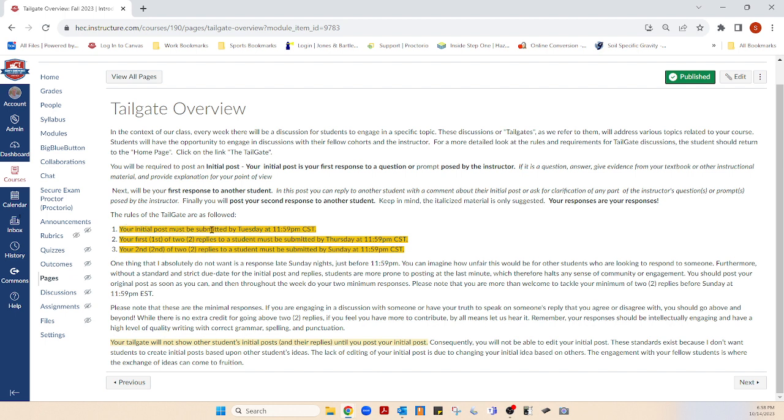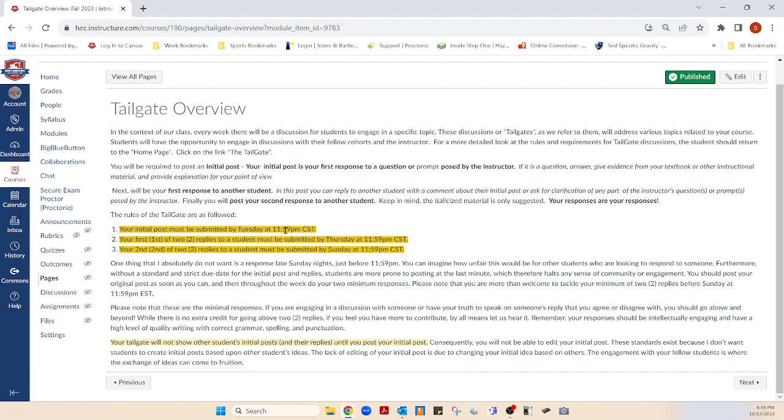Your scores are based on timeliness, like this. Your scores are based on intellectual engagement. In other words, does what you're saying have an effect on anything? This is not idle conversation. It needs to be a little bit in depth.